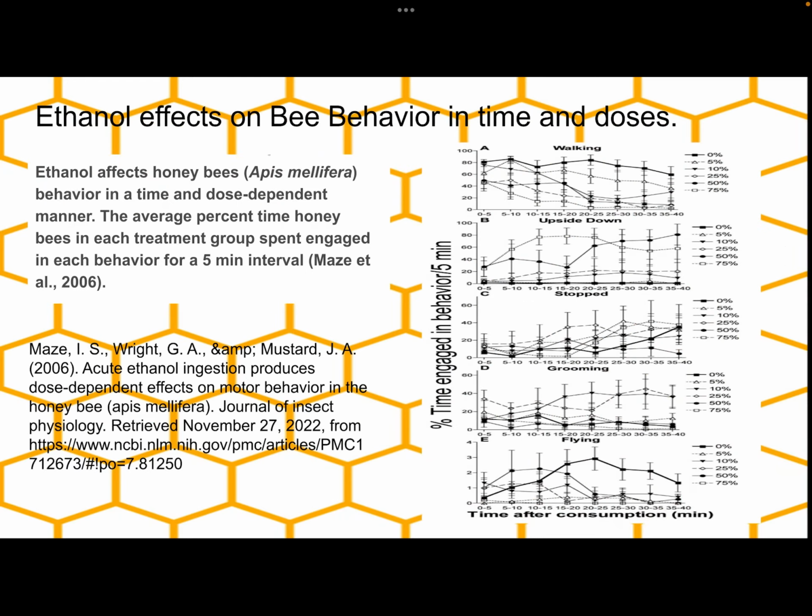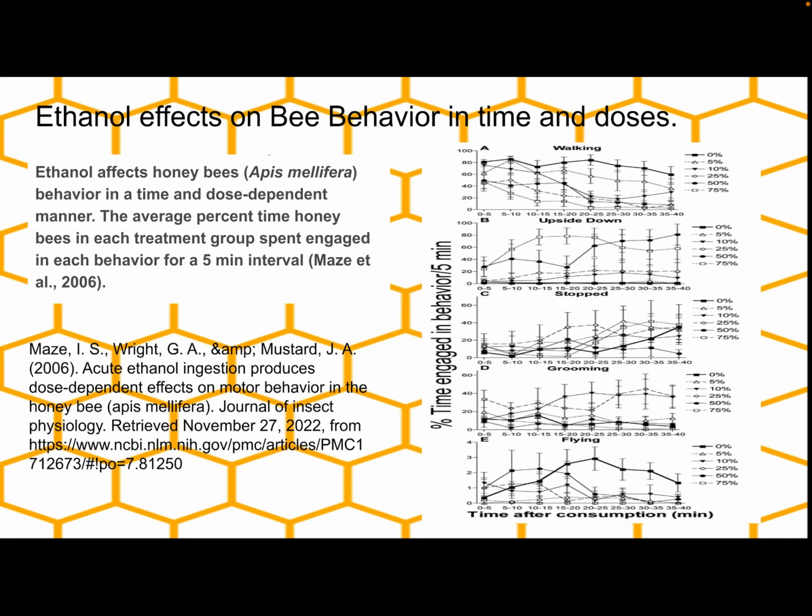Now, ethanol effects on bee behavior in time and doses. Ethanol affects honeybees' behavior in a time and dose-dependent manner. This shows the average percent time honeybees in each treatment group spent engaged in each behavior for a 5-minute interval.